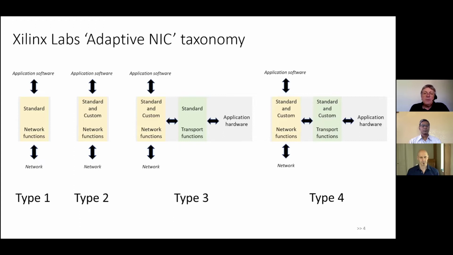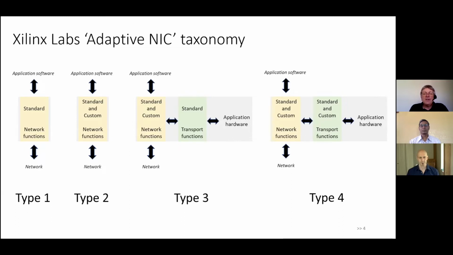And then, Xilinx is an FPGA company, so we like building things in programmable hardware. In type 3, I've got this other direction going off at the side, which is where we're looking at having some applications in hardware, and that means you're looking at the payloads of packets as well as the headers. So the vertical dimension, as in type 1 and type 2, is the data plane, header processing.